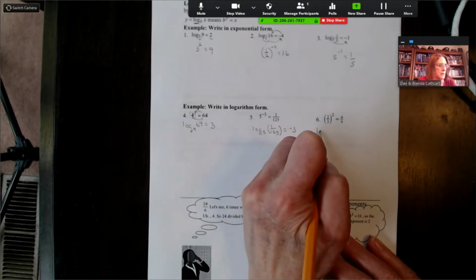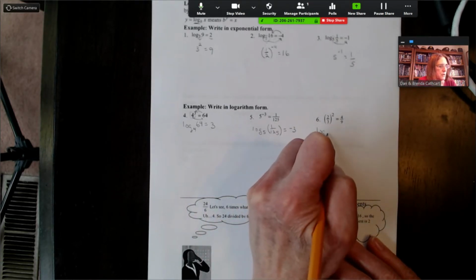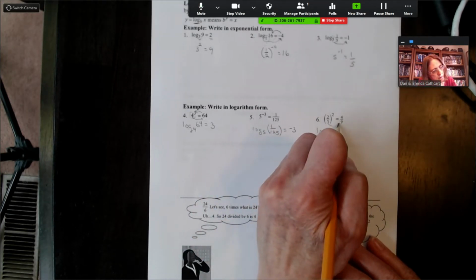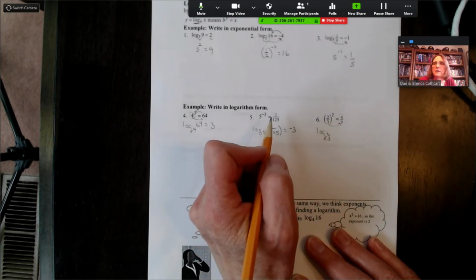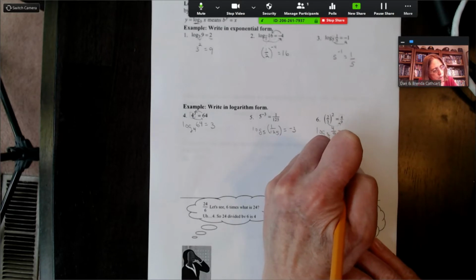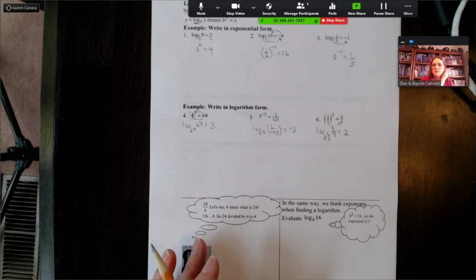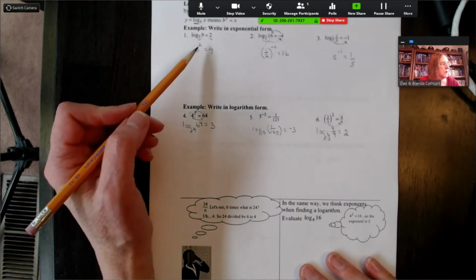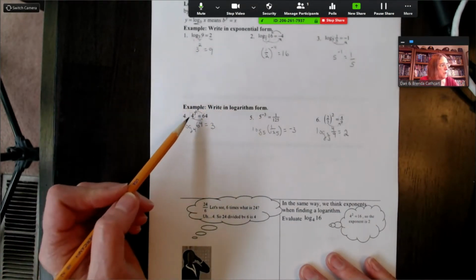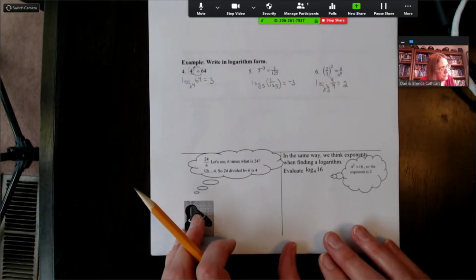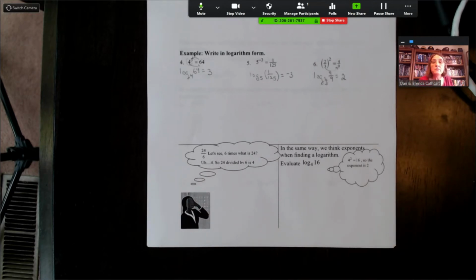And again, log, our base written as a subscript, 2/3, of our power here, 4/9, is equal to the exponent of 2. So that's the way that we switch back and forth from log form to exponential form to log form. Okay? So when we evaluate logs, we think backwards.